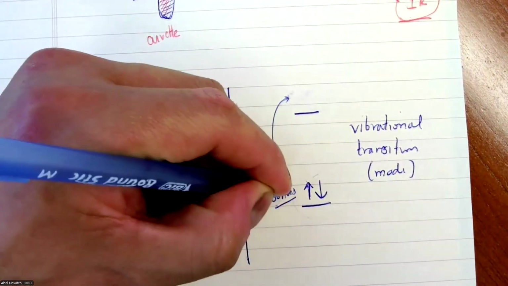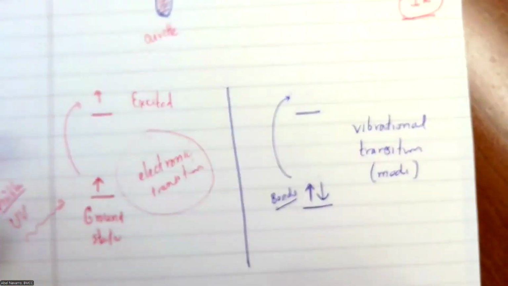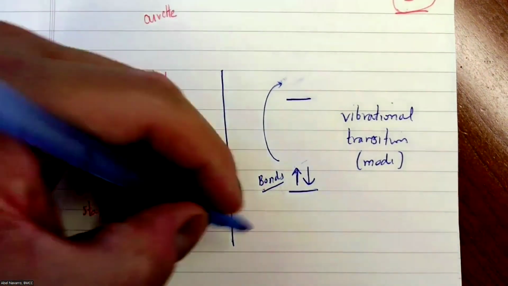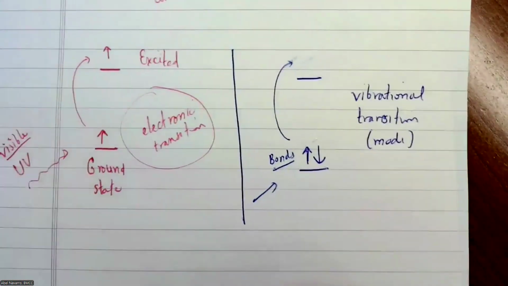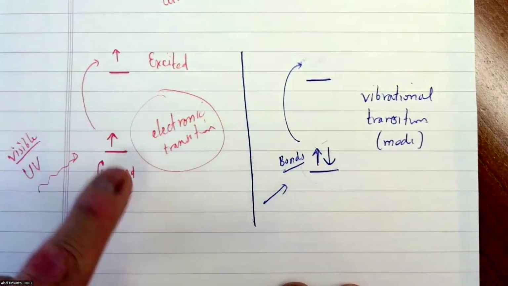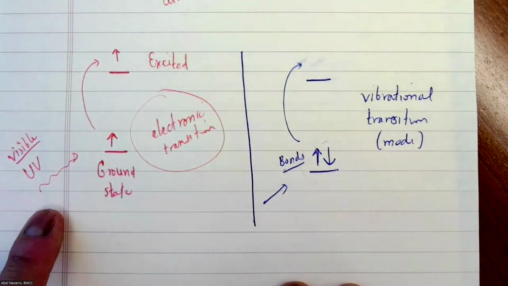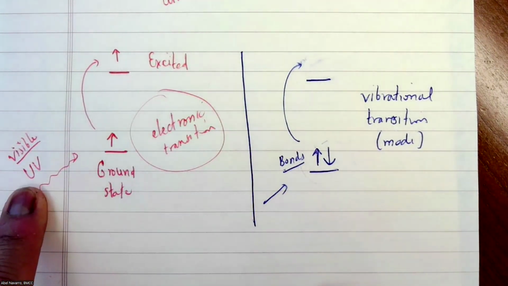the bonds are going to be vibrating in a particular way that we will study in a second. Okay. So I'm just going to make sure that you guys understand the difference between the electronic transition from the ground state to the excited state, which is caused by visible light and UV light.